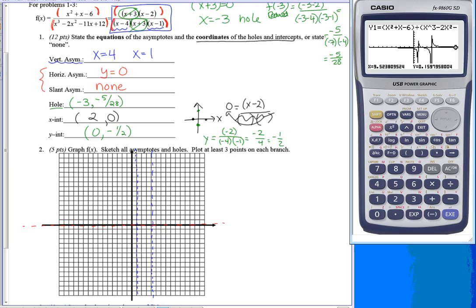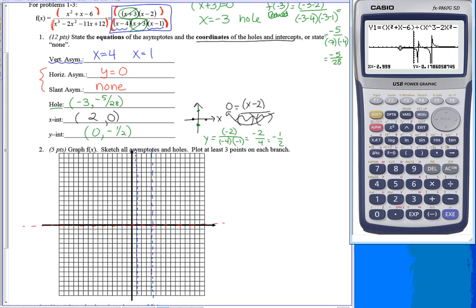All right, let's look at the hole. The hole was at -3 for x. So when I'm tracing, I can type in -3, and again, it gives me an error. If I want to check my estimate for the y-value of the hole, I can fake my calculator out by typing in something really close to -3. So I'm going to type -2.999, and I can see my y value is -0.1786.